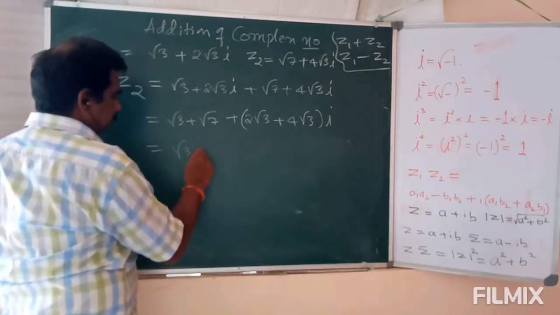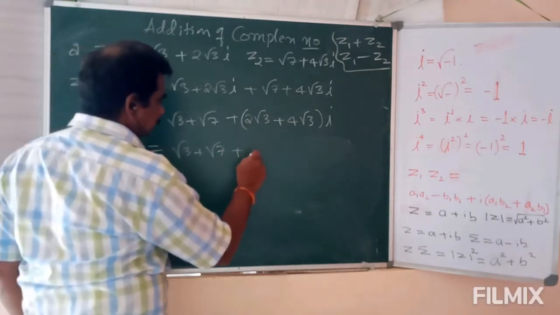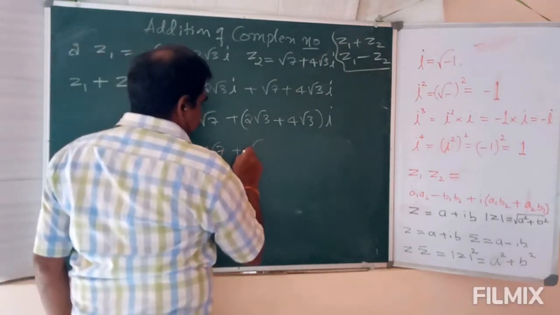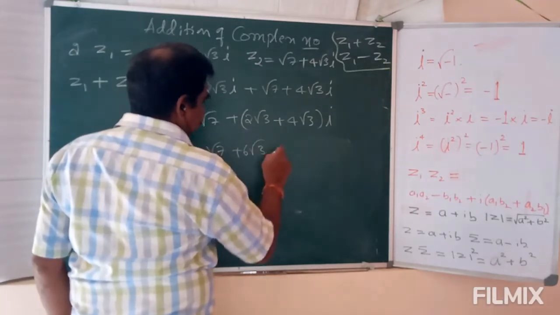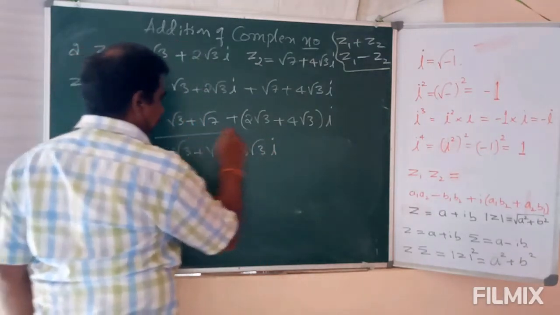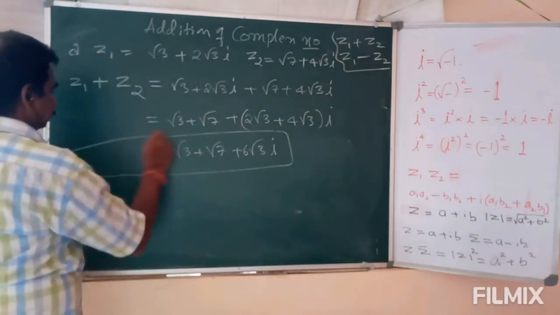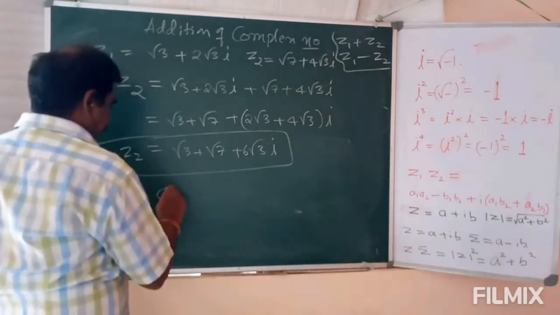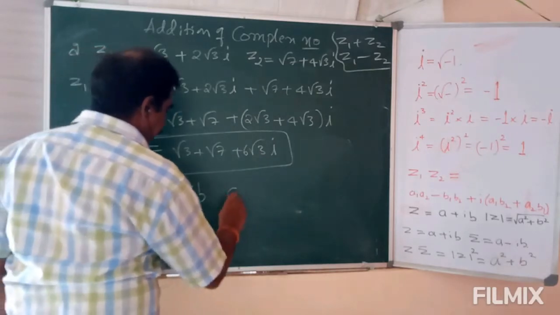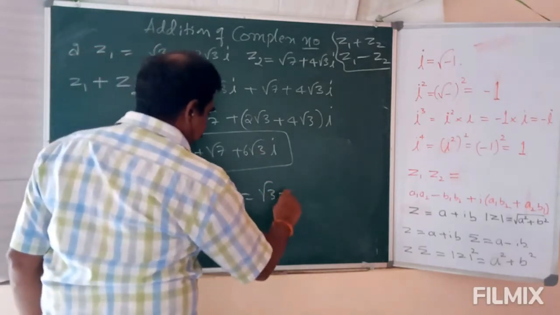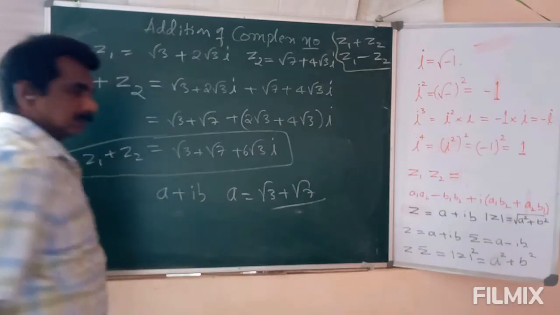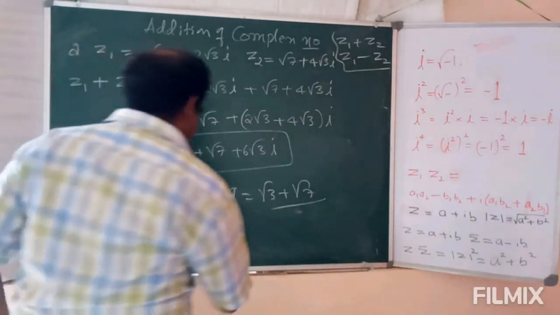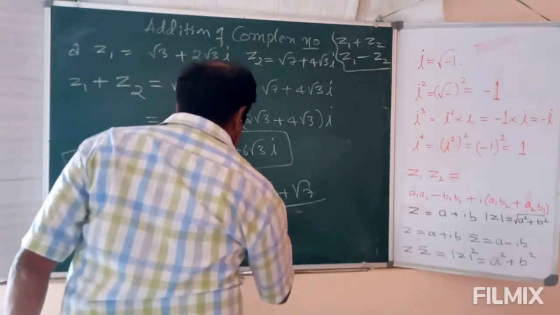Root 3 plus root 7 plus 6 root 3 i. This is the form of a plus ib, where a is equal to root 3 plus root 7. That is real part is root 3 plus root 7. b is equal to 6 root 3.